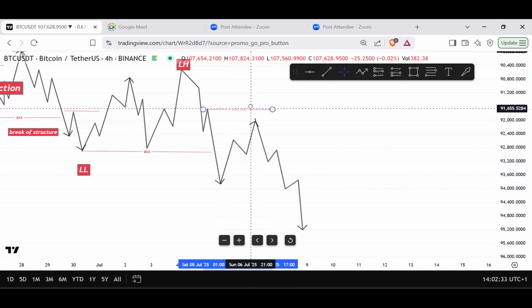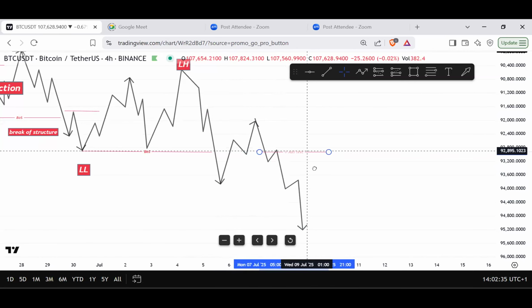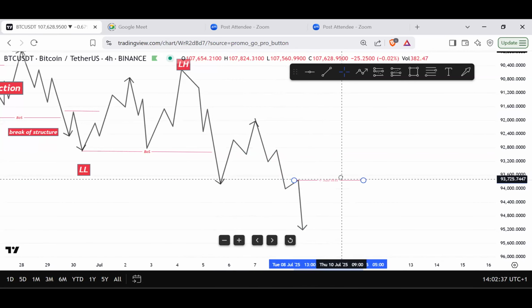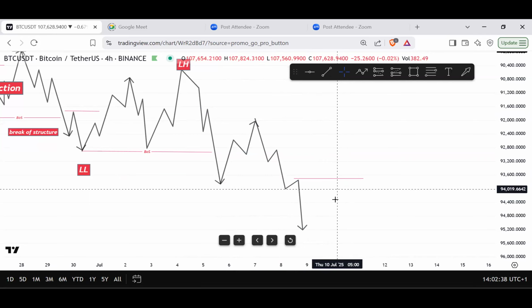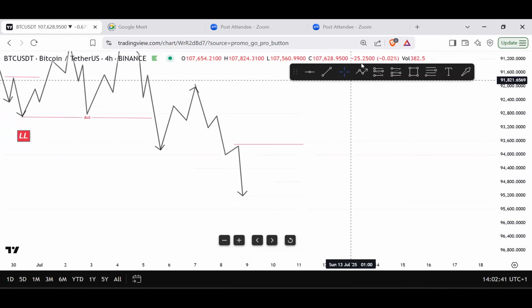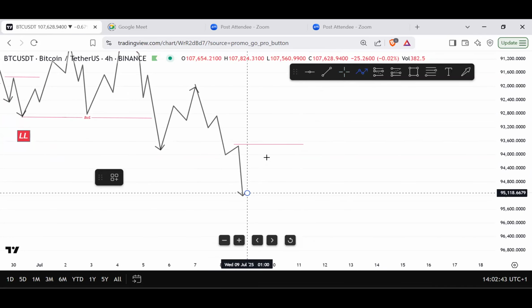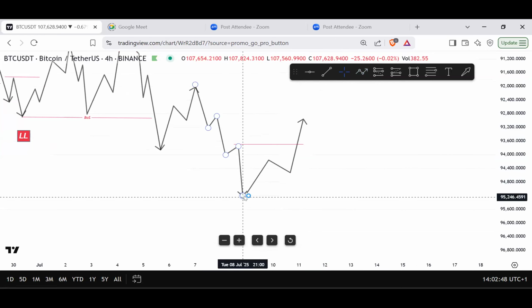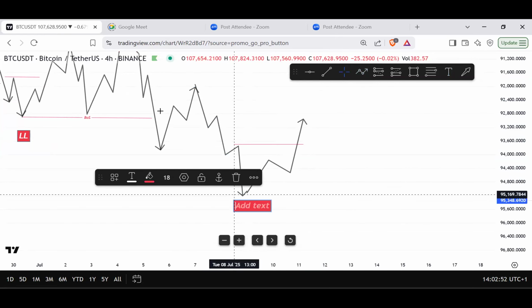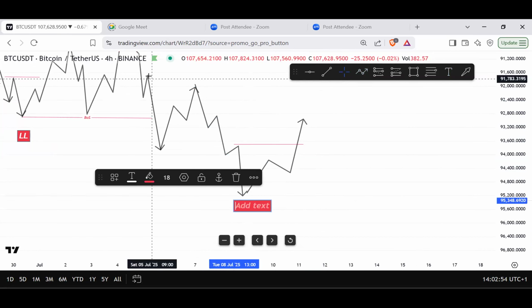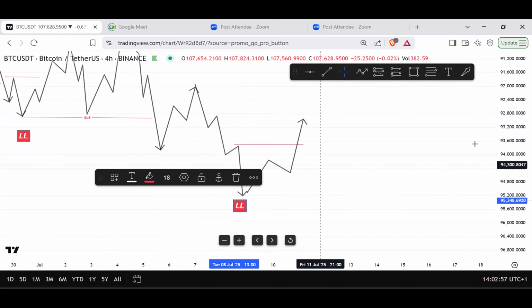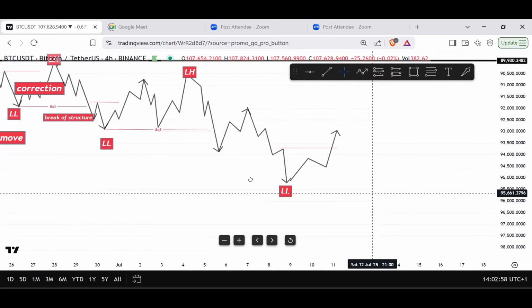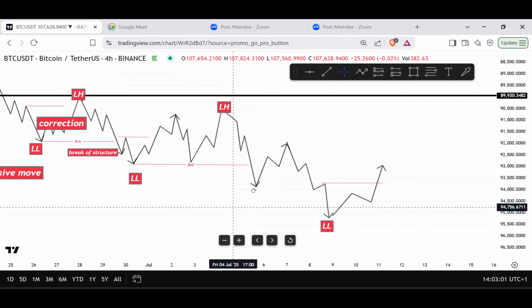This is our inducement. Until we have this correction, we can't say that this is a lower low. And the journey continues.